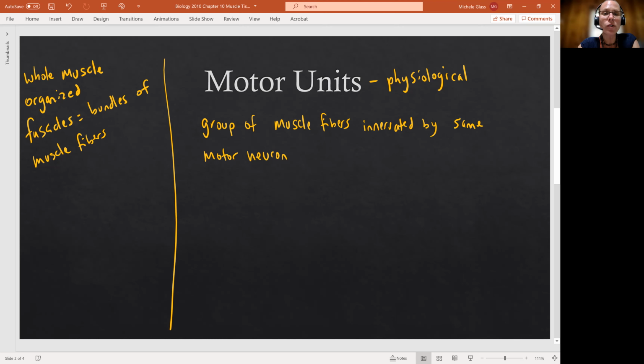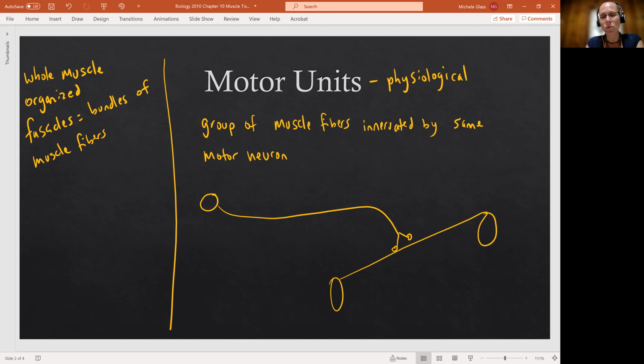So when we first introduced the idea of muscle contraction, if you remember, I drew this motor neuron. So I drew this long neuron and I had the synaptic knob at the end of the axon. And then I had a skeletal muscle fiber that I illustrated, showing the striations, which is that pattern of the thin and the thick filament that we talked about at the sarcomere, and we saw that it was multinucleated.